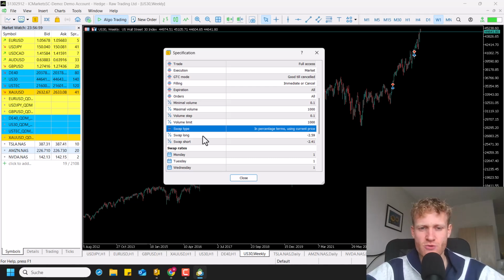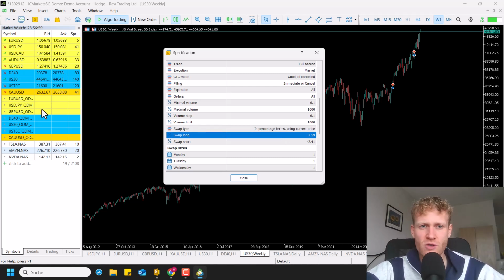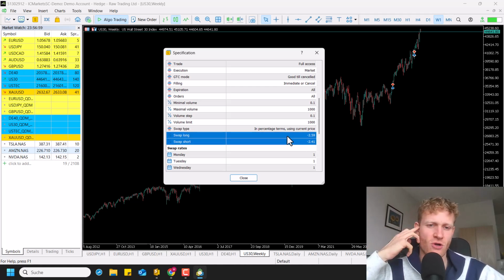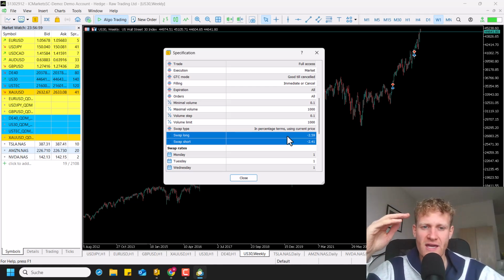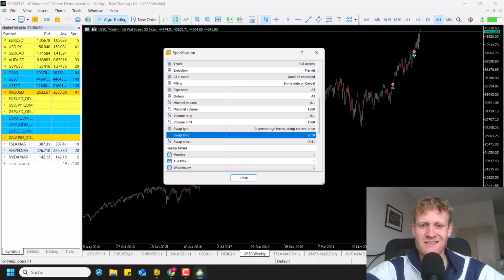For IC Markets, the broker that I use, the swap for stocks is in percent, which means that if I would hold the Amazon stock for 1 year, I would pay a total of 2.59% right now for a long position. For a short position, 2.41% for the whole year. So if the Amazon stock is at 100 every single day in the year, I pay 2.6 euro or US dollar in fees.